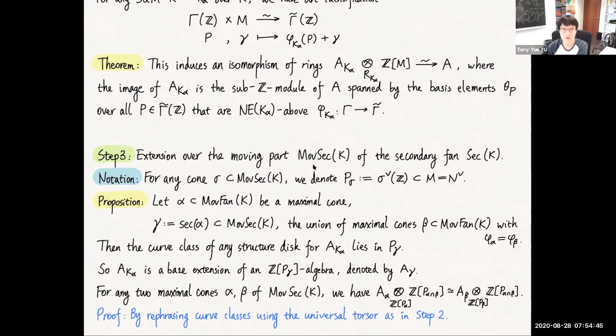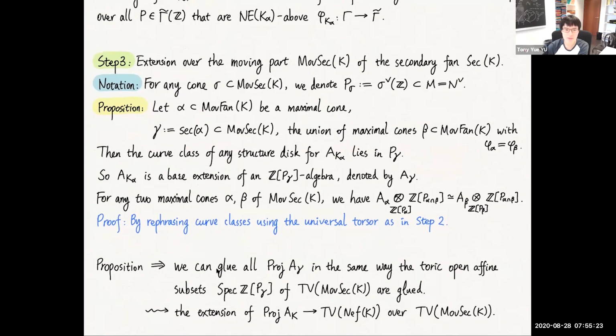So the idea is to use this reinterpretation of curve classes via the universal torsor, and then we show that for different birational modifications, we can just compare the associated mirror algebras inside this mirror algebra for the universal torsor.